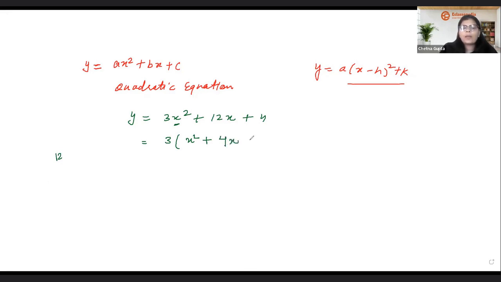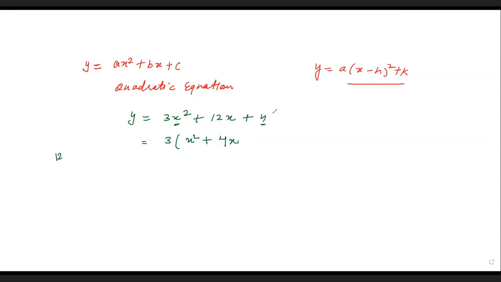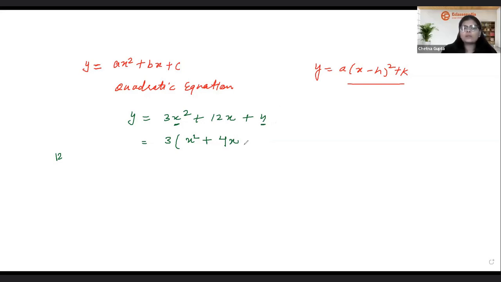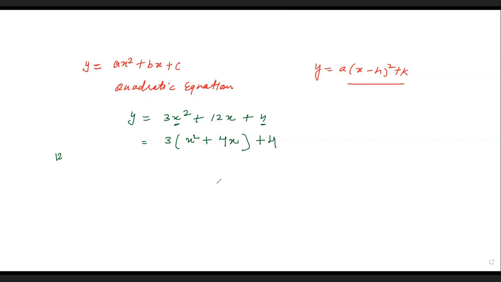So 4x. And then can we take 3 common from 4? No, it's not possible. So what you can do is, just don't take 3 common from 4. Just close the bracket. That would be the better option. Otherwise, the last option would be fraction form. So the 4 stays outside.